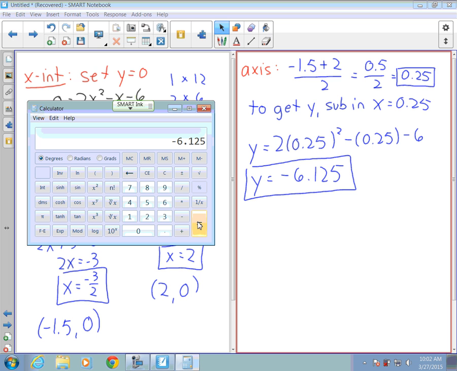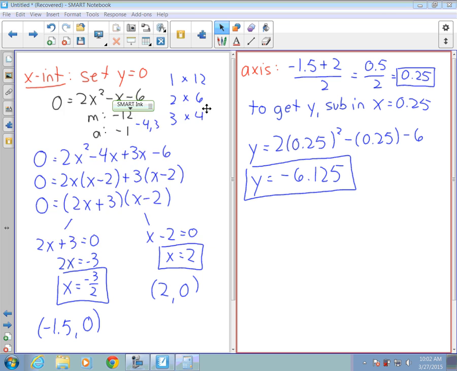Anyone not able to get that and needs clarification? We're good? Yes, but this is the y value though. Right, so the axis of symmetry is going to be 0.25, but to get the vertex, this gives you the up and down point.